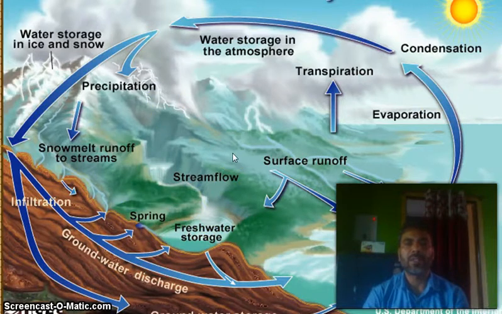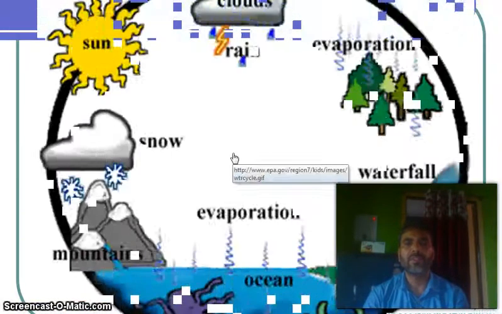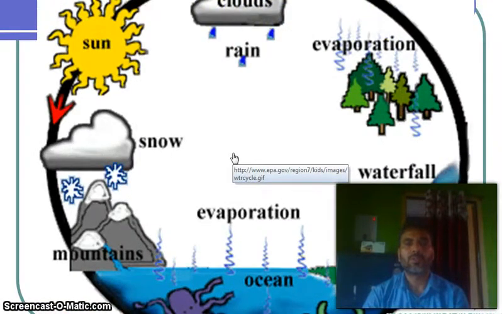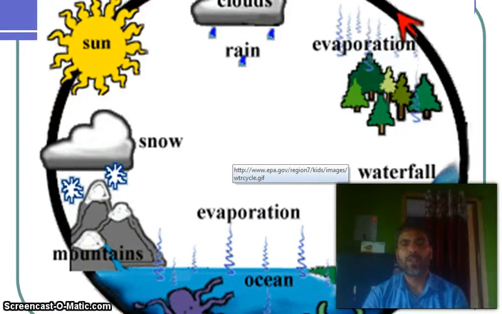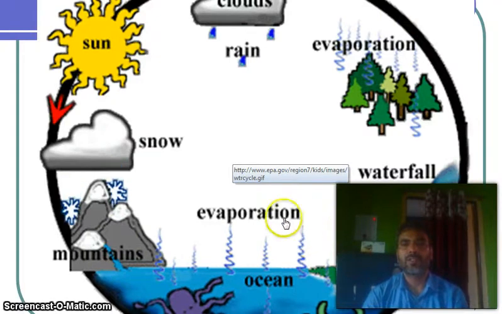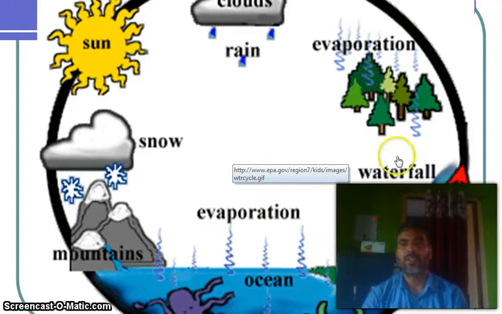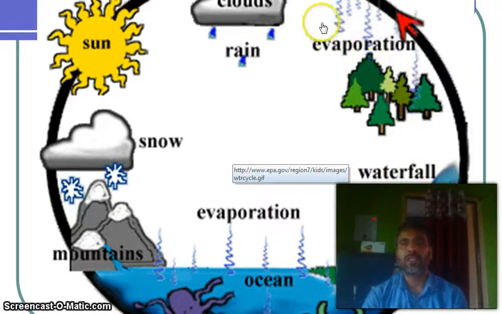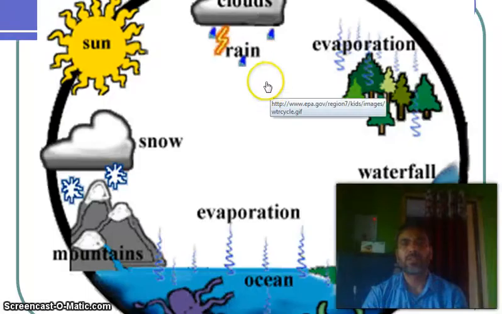This is the water cycle. So you have the mountain, oceans, evaporation, waterfall, evaporation through plants, clouds, rain, sun, snow, mountain, like that.